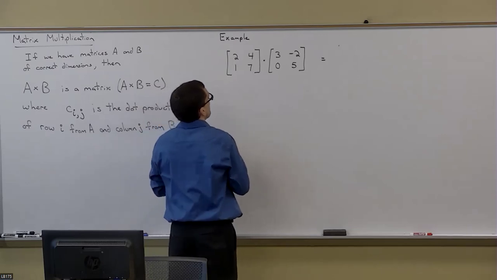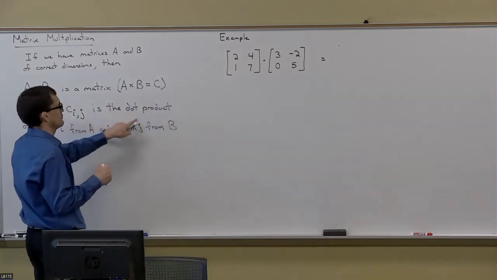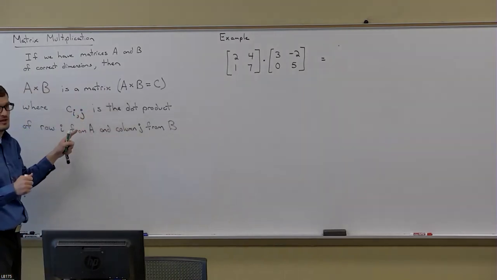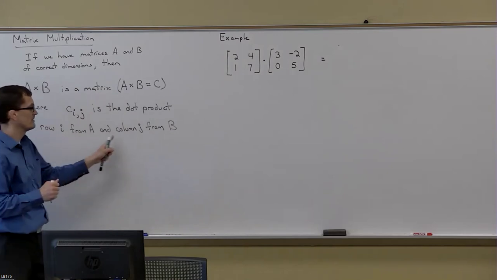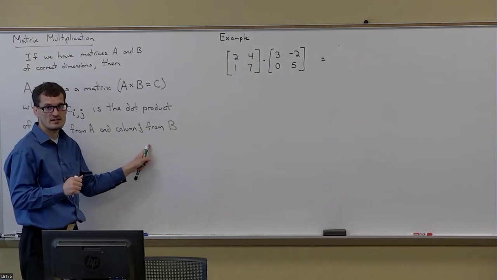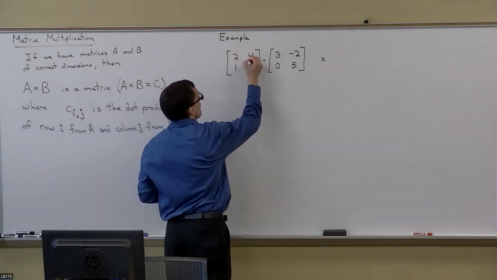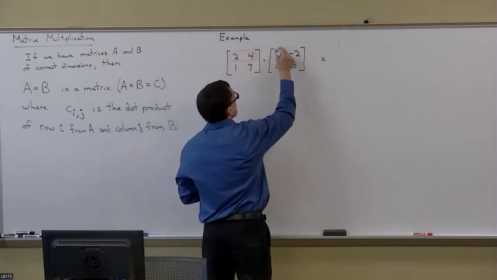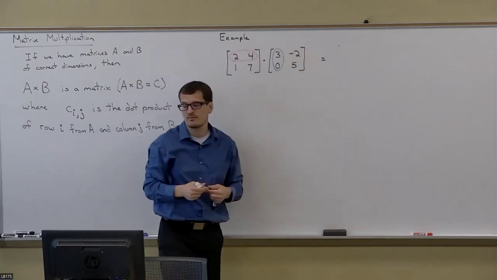If I want the 1, 1 entry of the product, I'm gonna take row 1 times column 1. So I'm gonna take this row 2, 4, and multiply it times this column 3, 0.